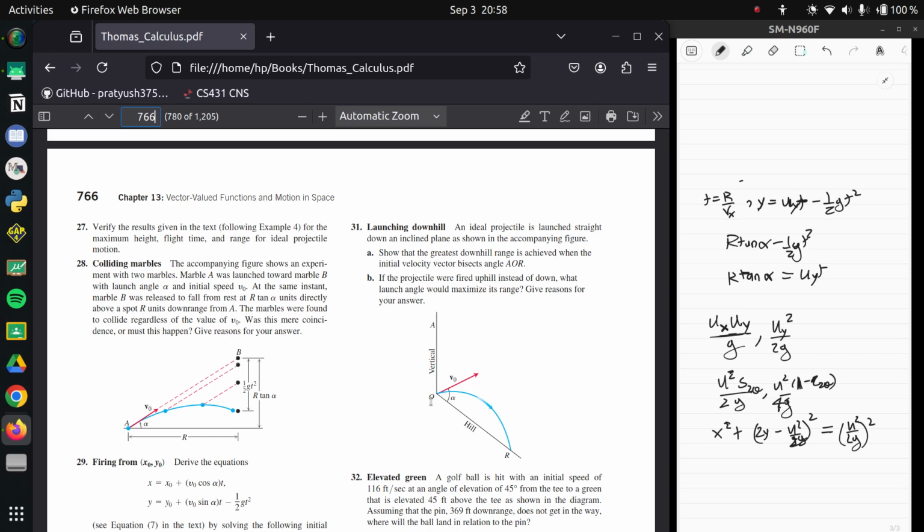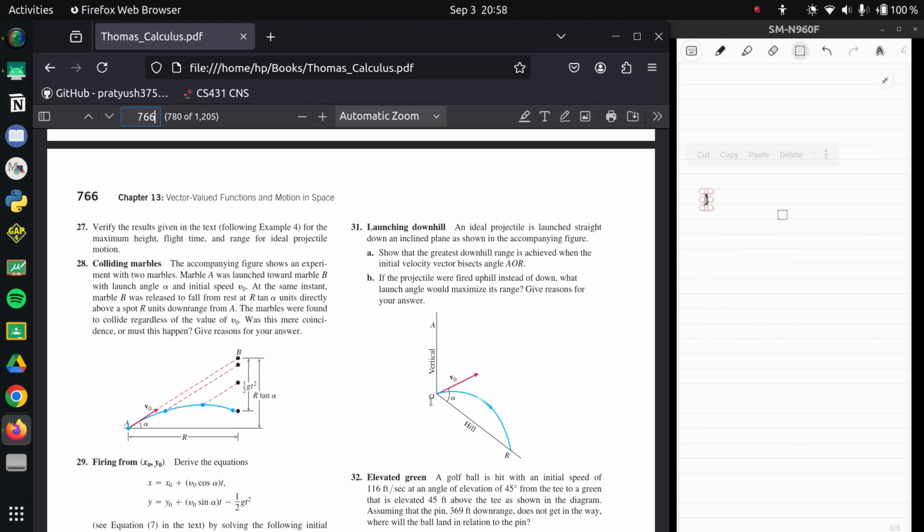Right, so just have some uy. So the xy stuff is just ux t comma uy t minus half g t squared.